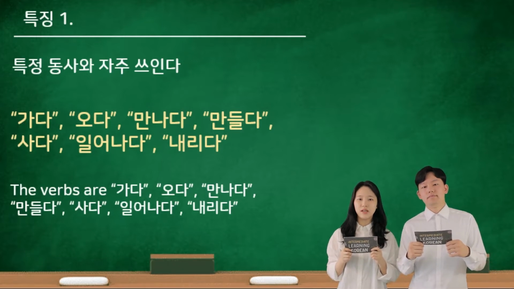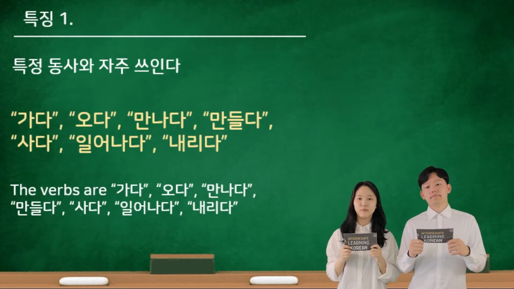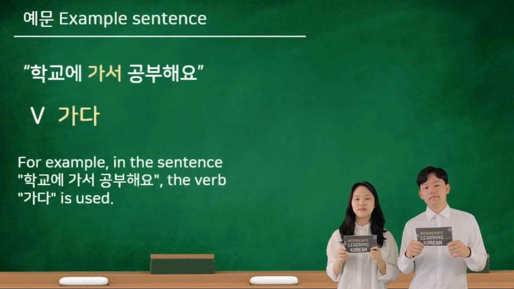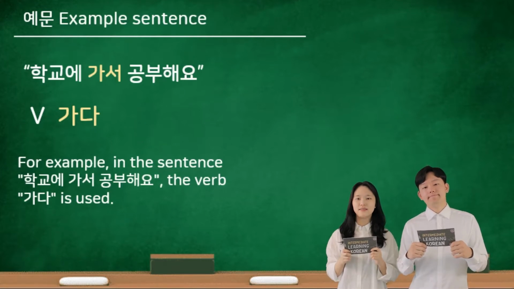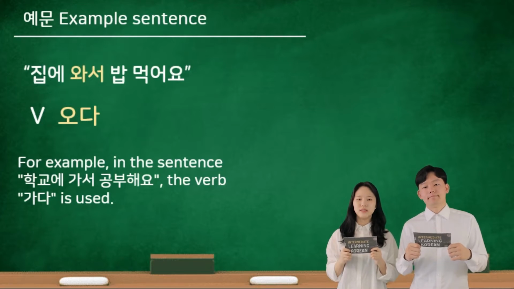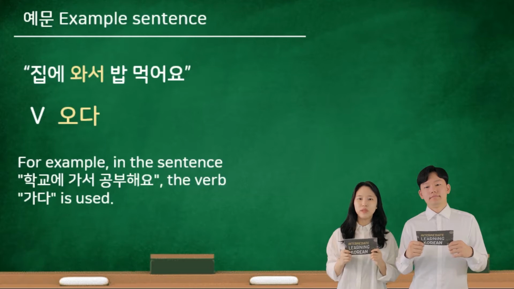Yes, next, the third feature is that 아서 and 어서 are not used with endings indicating tense. For example, if you combine the sentences 나는 학교에 갔어요 and 나는 공부했어요, we cannot use the past tense such as 나는 학교에 갔어서 공부했어요.